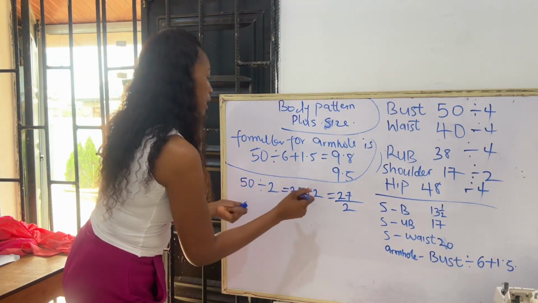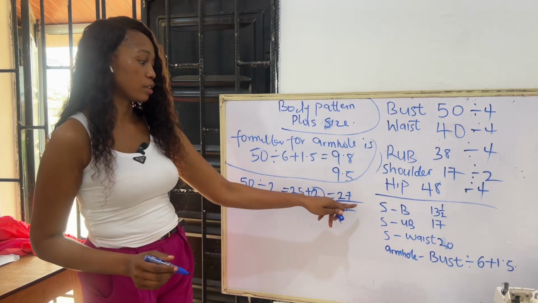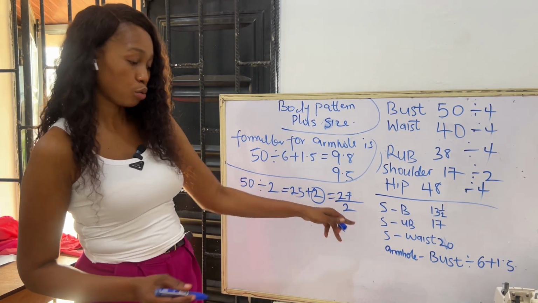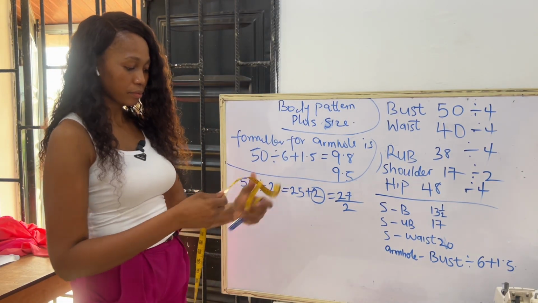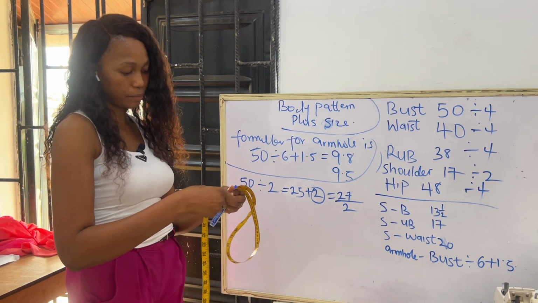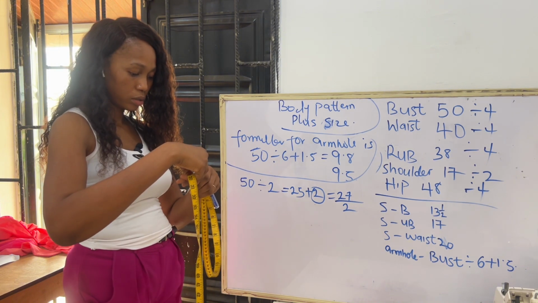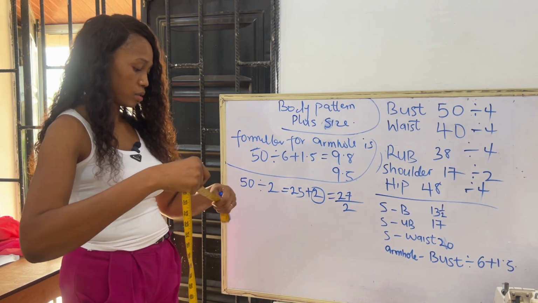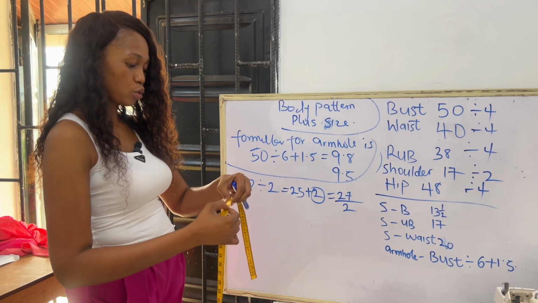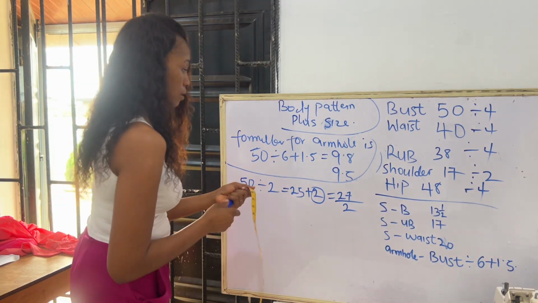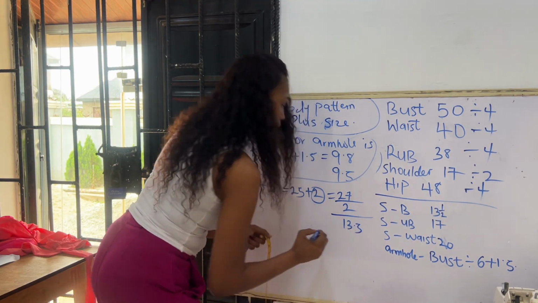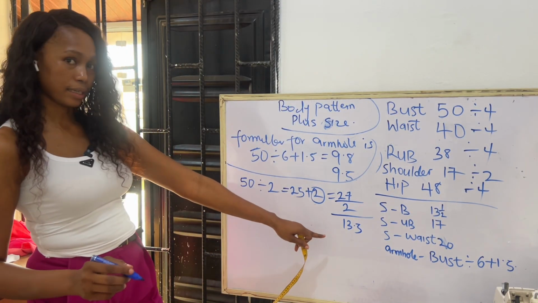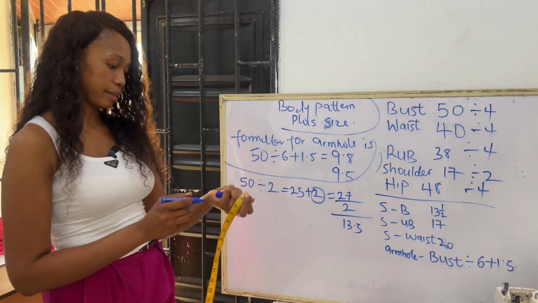When you include 2 inches, it will give you 27. 27 divided by 2 will give you what? Let's quickly do it here. 27 divided by 2 gives you 13.5. You can see that it will give you 13.5.